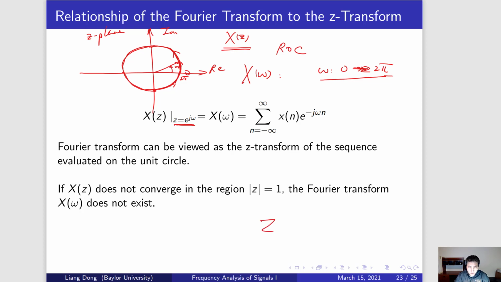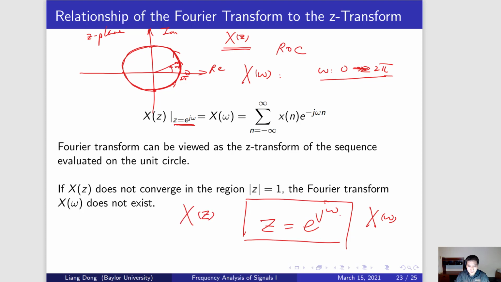This is the bridge between the Z-transform and the Fourier transform, where z is equal to e to the power j omega, meaning that I'm only going to look at the particular case evaluated on the unit circle of the Z plane. That will give me the Fourier transform X as a function of omega, instead of the general form, X as a function of this complex number z.